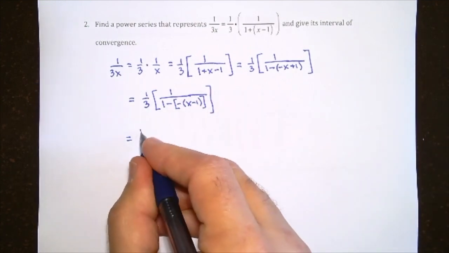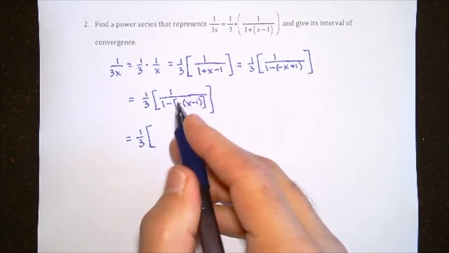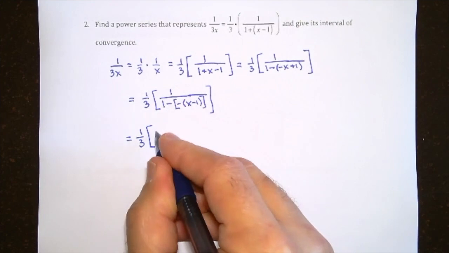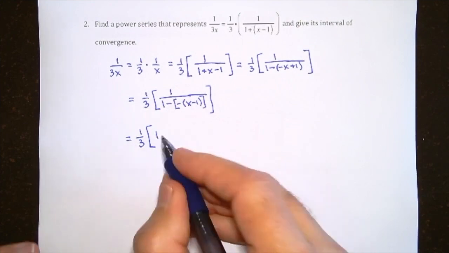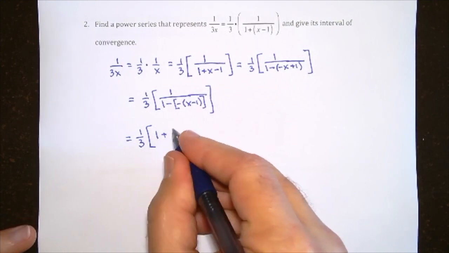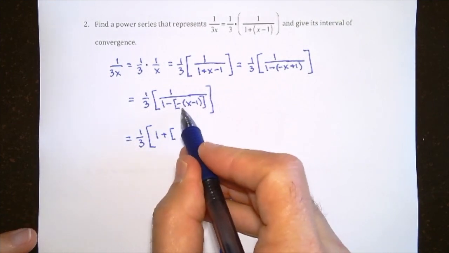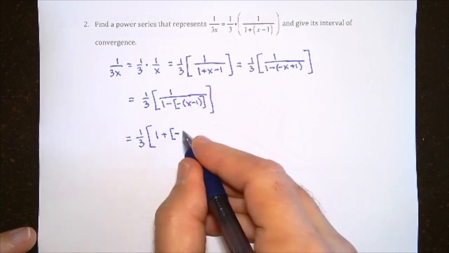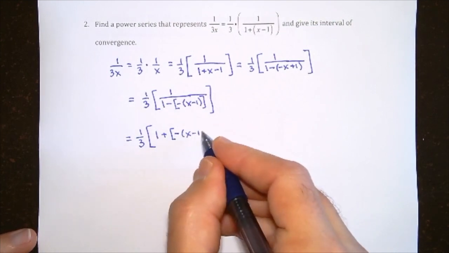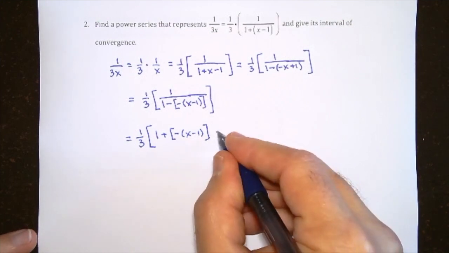Or a power series. So this is going to be 1/3 and then times, our first term is going to be this 1. And then we're going to add to that, because we're multiplying, our r is negative times x minus 1, so negative parenthesis x minus 1, then that would be to the first power.